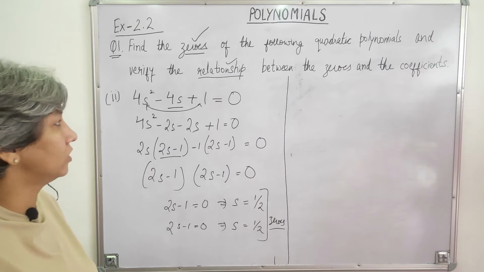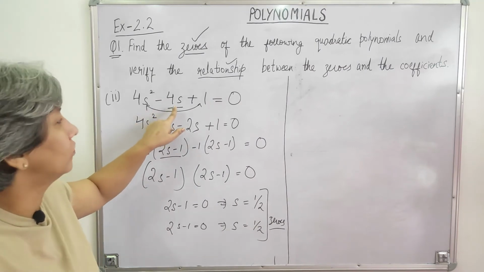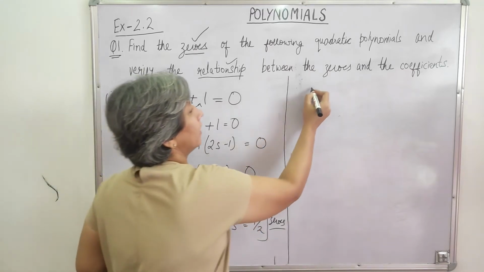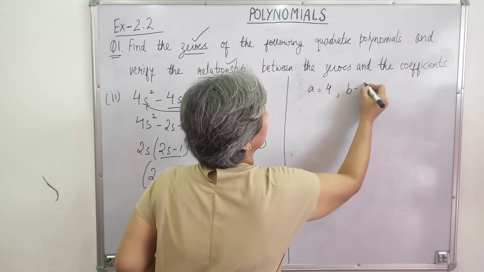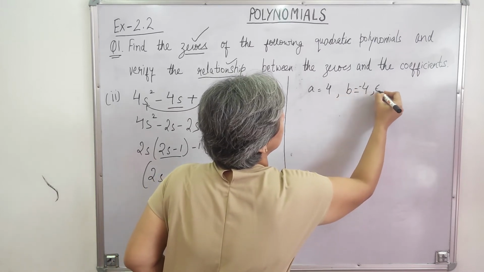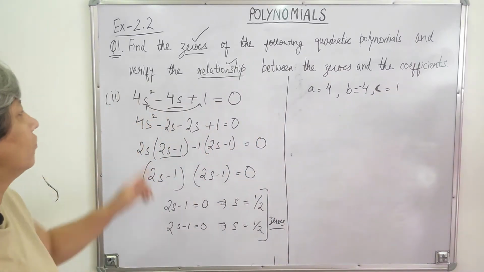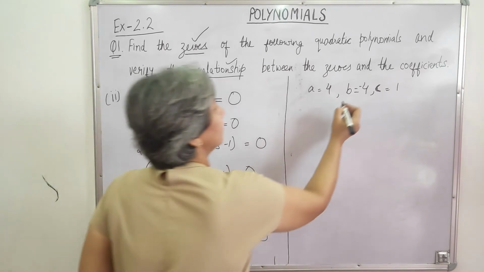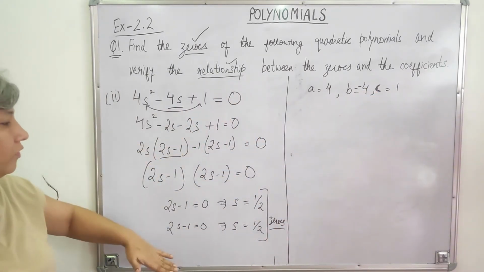Let's verify the relationship. a is 4, b is minus 4, c is 1. Always remember the equation you're solving.